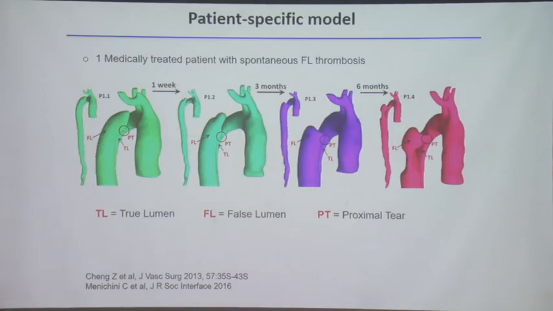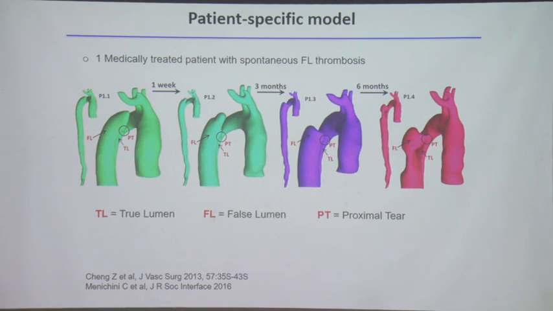The first example we look at is a patient with ALT dissection who was medically treated, so they did not receive surgical treatment, and the patient was followed up over a period of time. During that monitoring period, the patient was found to have developed spontaneous false lumen thrombosis. In other words, their false lumen actually thrombosed over time, which is obviously desirable, so the dissection is stable.